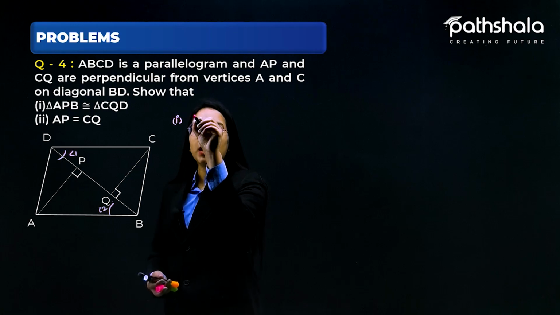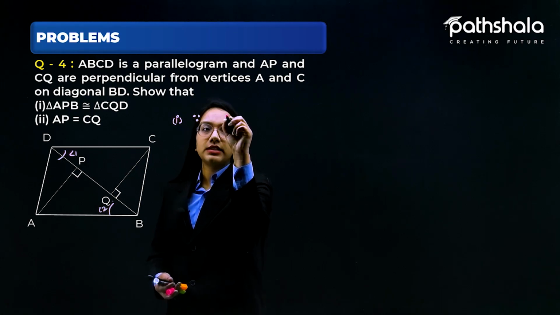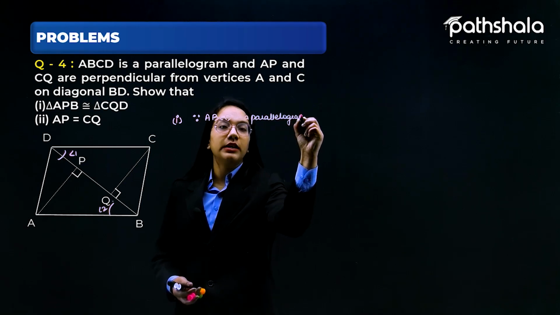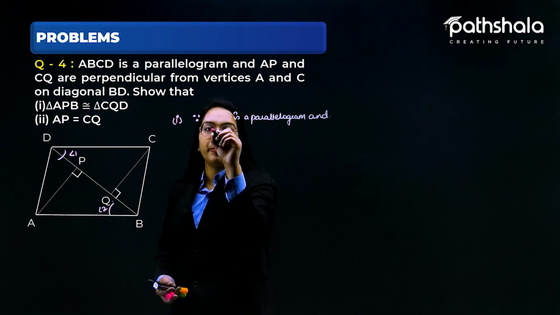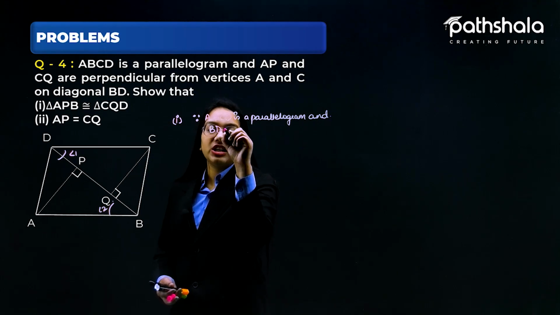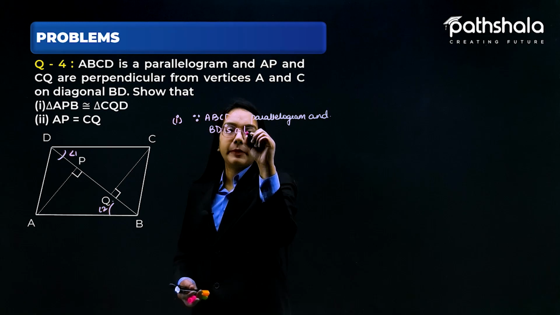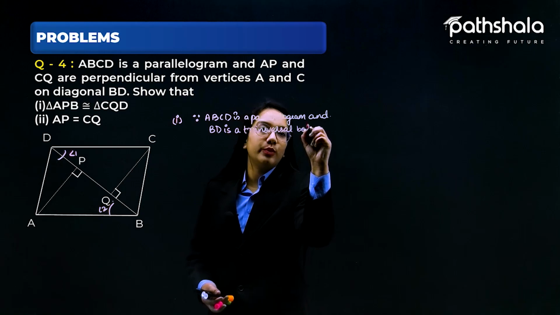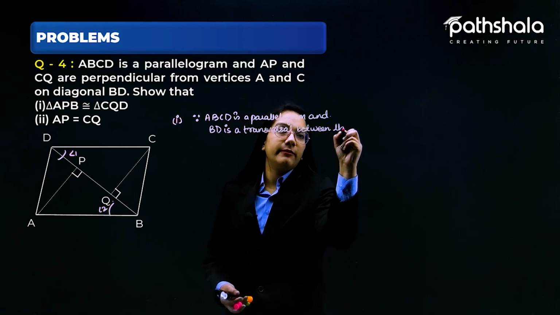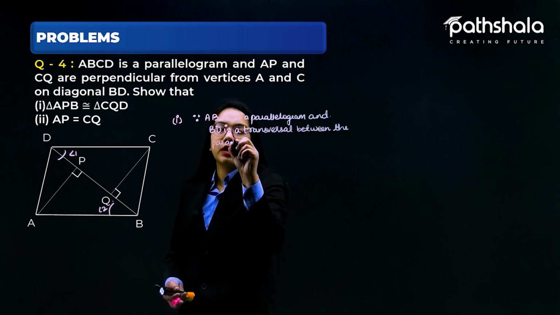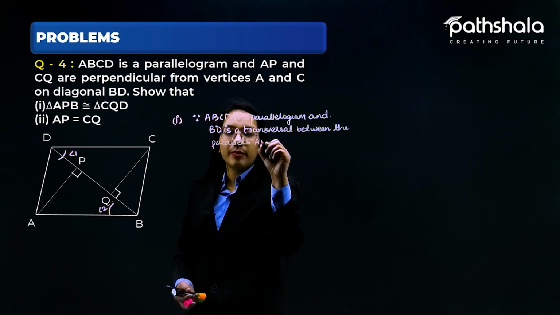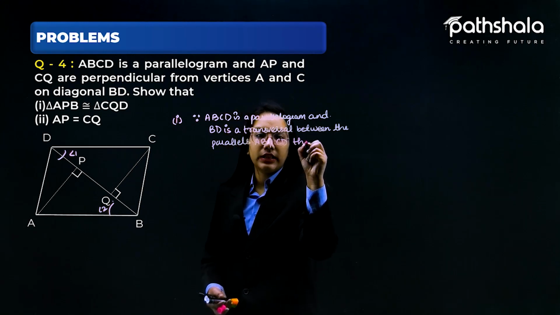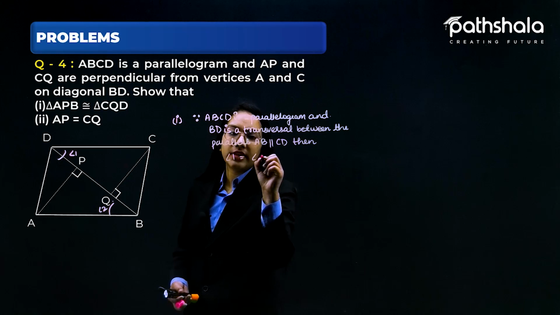Since ABCD is a parallelogram, BD is a transversal between the parallels AB and CD, then angle 1 should definitely be equal to angle 2.